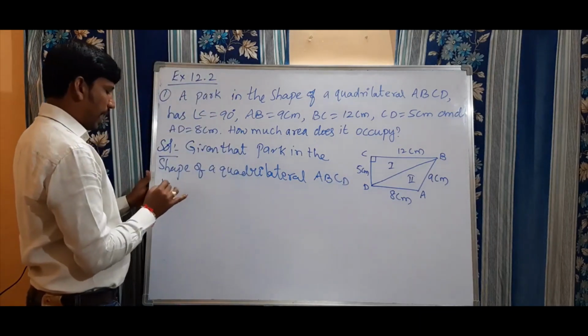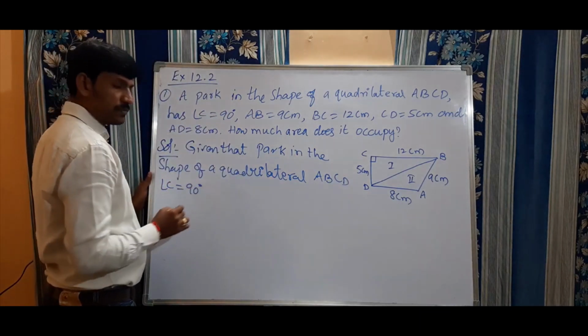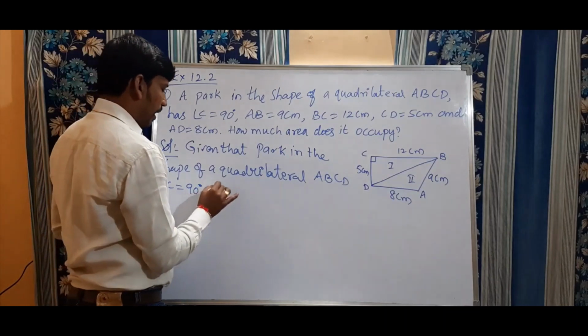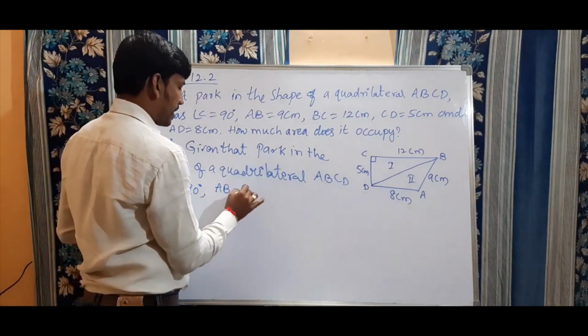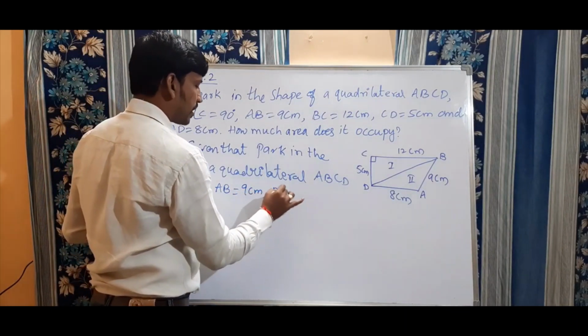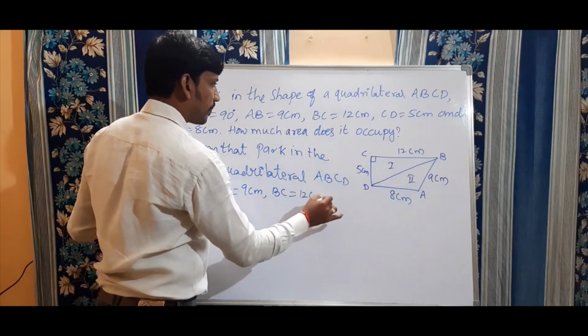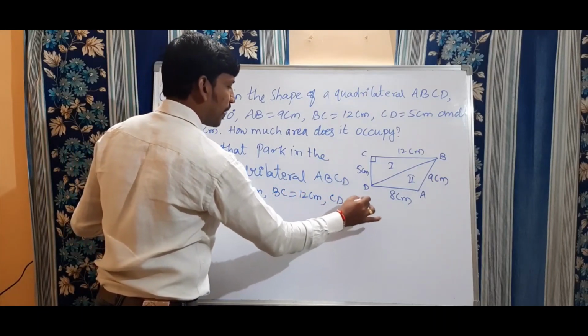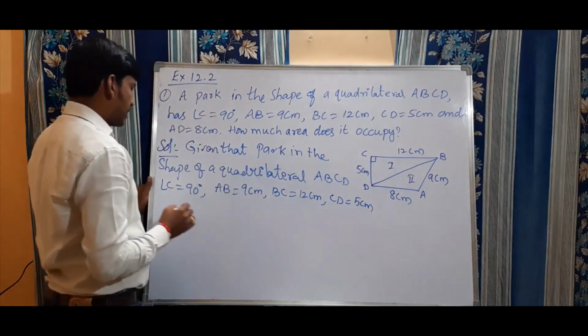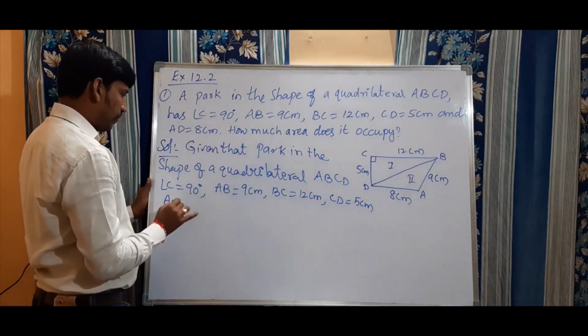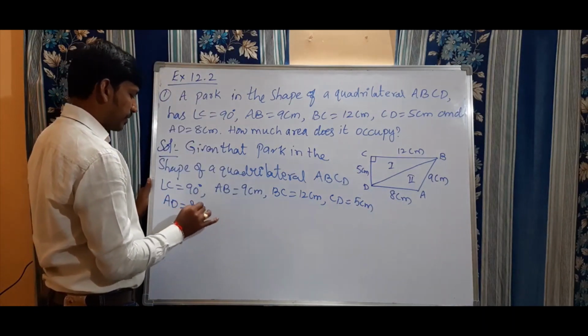In this angle C is equal to 90 degrees, right? And AB is equal to 9 centimeters, BC is equal to 12 centimeters, CD is equal to 5 centimeters, and as well as AD is equal to 8 centimeters.